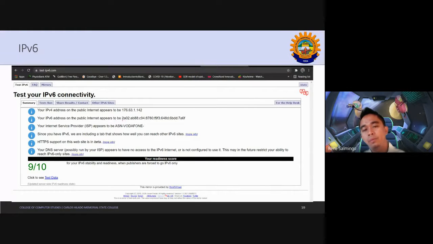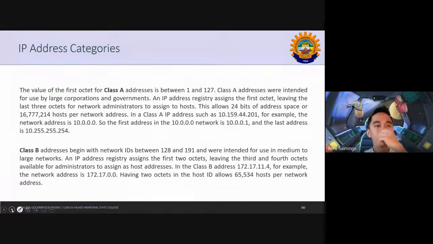This is your hexadecimal value for your IP address version 6, and this is version 4. So your DNS server is run by your ISP. So in such cases, we have this one.